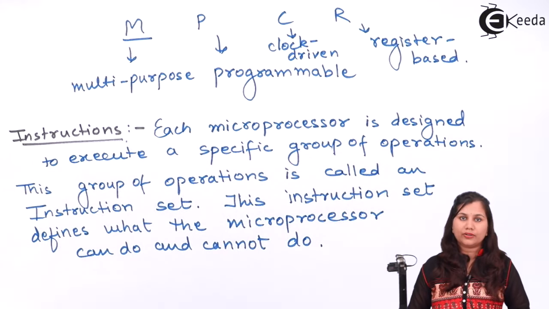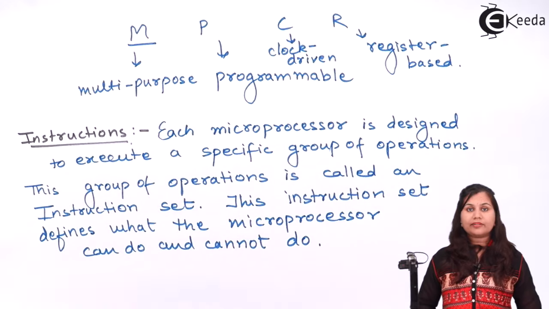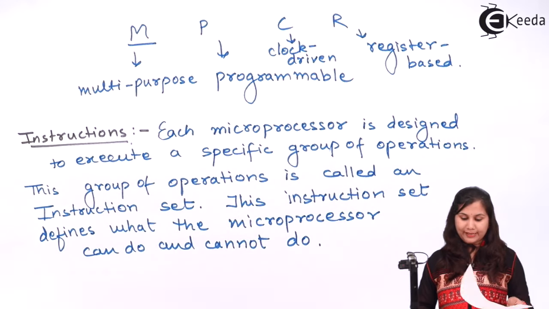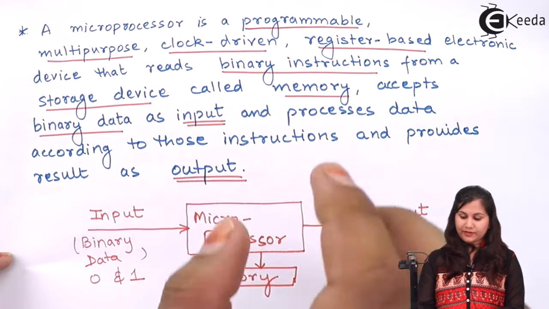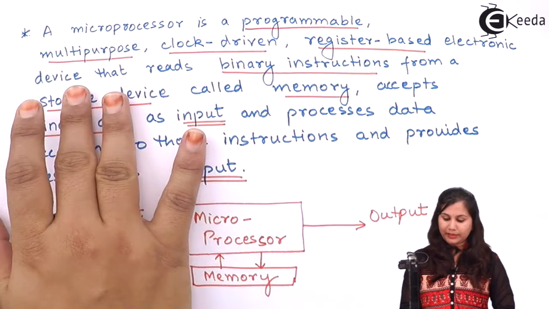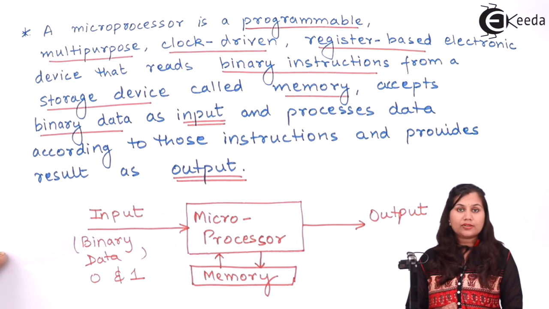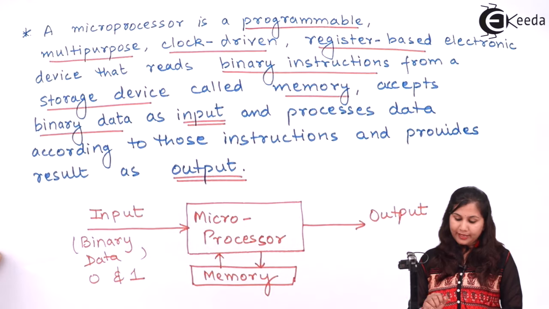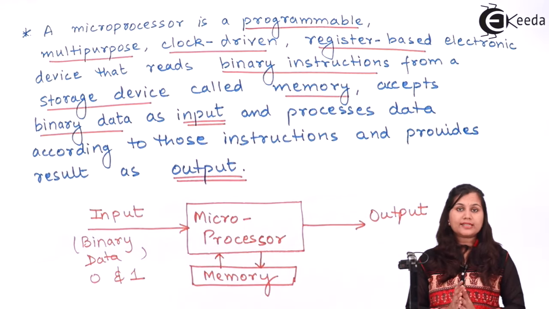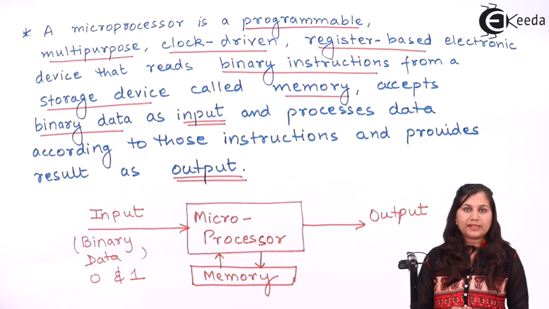Now, in the definitions of the microprocessor, we have studied why it is called programmable, multi-purpose, clock-driven, register-based. Binary instructions we have also studied. Now comes the input of the microprocessor.